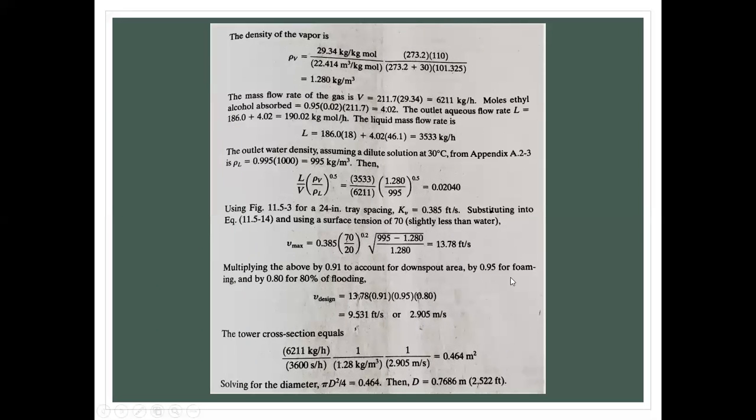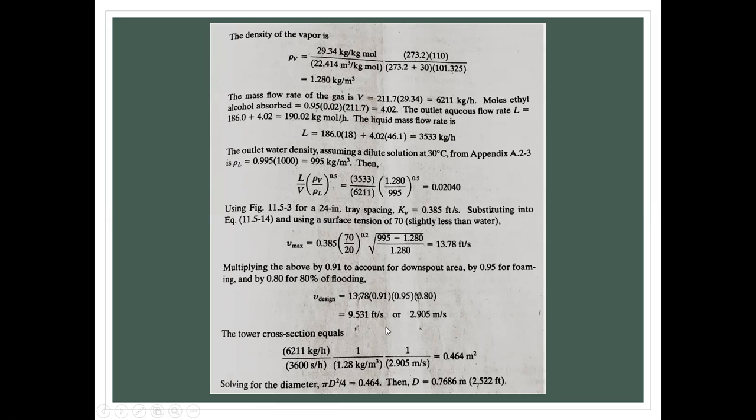If you don't have this foaming thing mentioned in the problem, then you will only have to account for 0.91 for the downspout area and 80% of flooding condition to get the designed linear velocity so that your column will not be flooded. This one is not flooded because you have multiplied it by 80%. You have accounted for foaming and you have accounted for downspout.